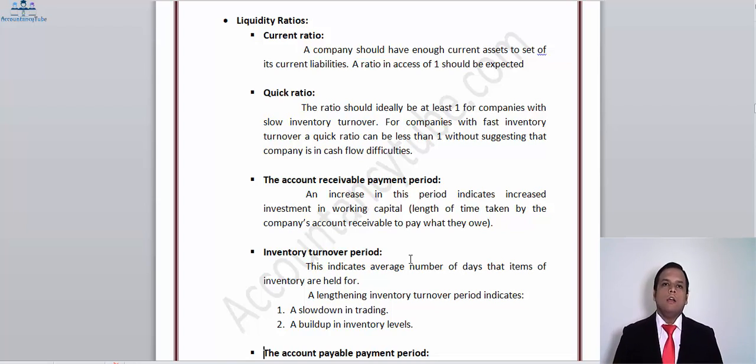Basically, this ratio is all about the comparison between current assets and current liabilities, and the ratio, obviously, should at least be 1:1.